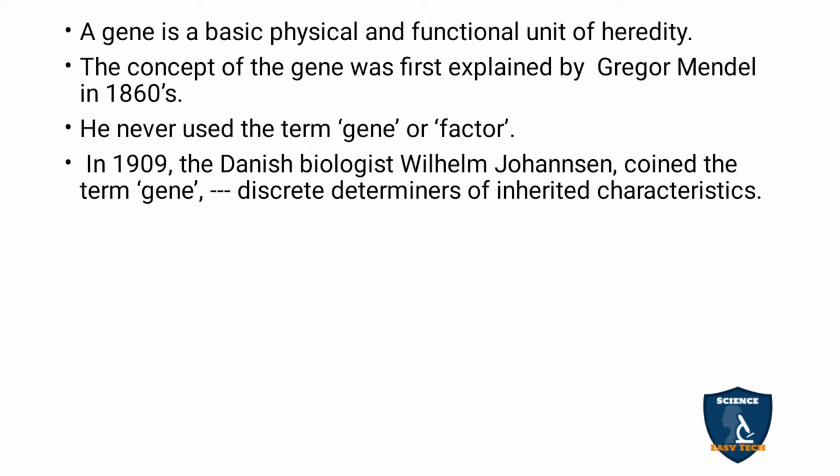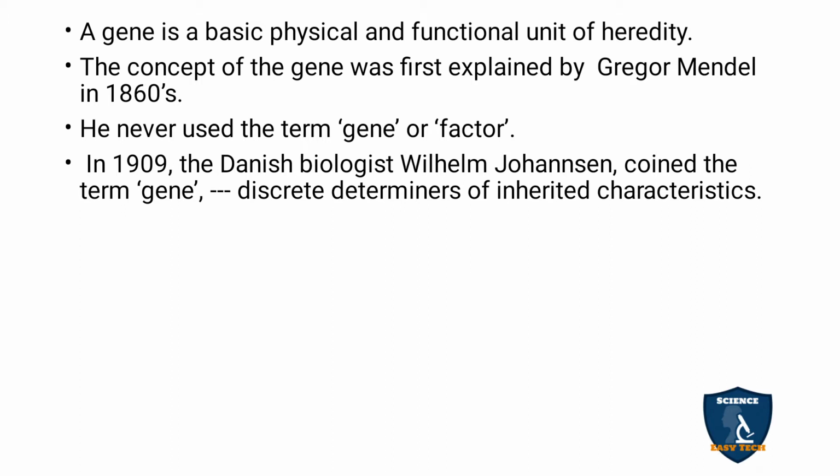The concept of gene, that there are genes in the genetic material, was given by Gregor John Mendel in the 1860s. During his time, he didn't use the word gene. He called the gene factors.